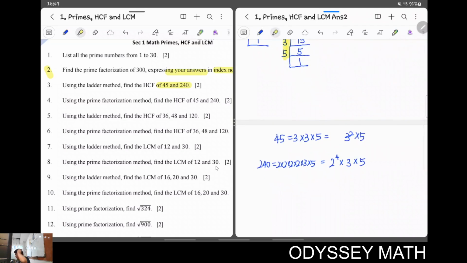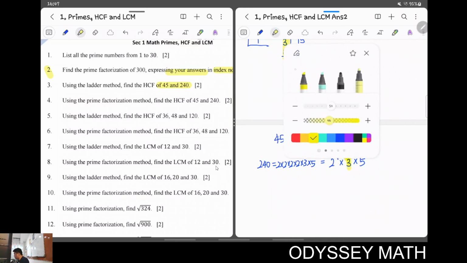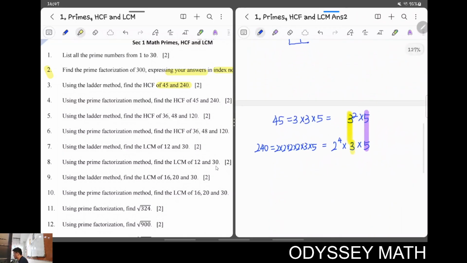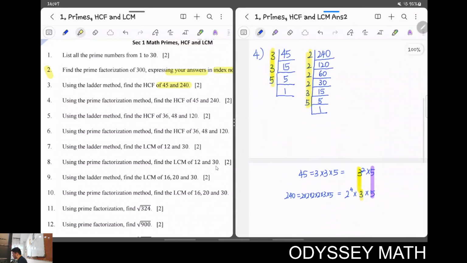Here, you must make sure that the base 3, you align them vertically. The base 5, you align them vertically. So if there's no base 2 here, you must leave a space. It's like a vertical alignment. So this is the prime factorization method.